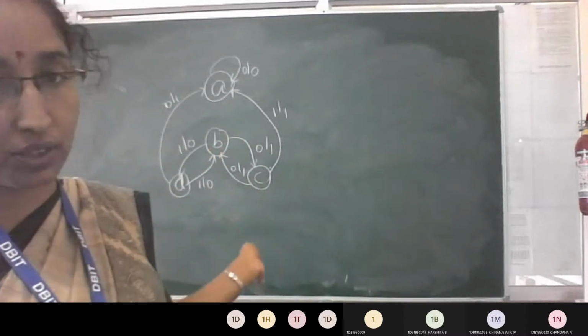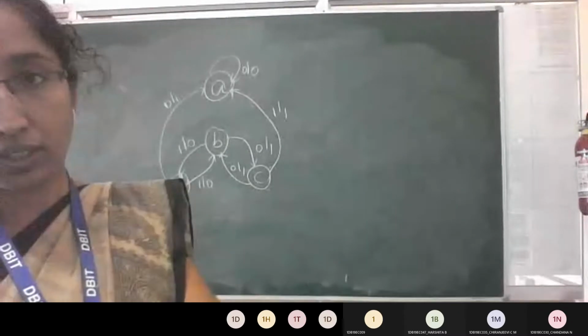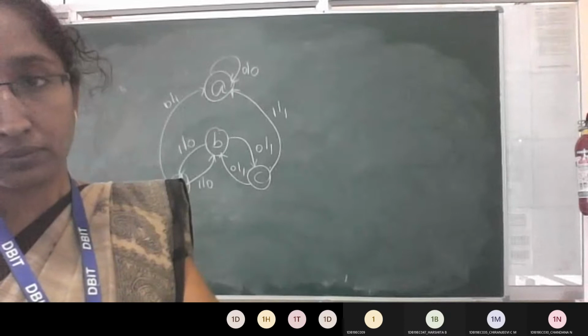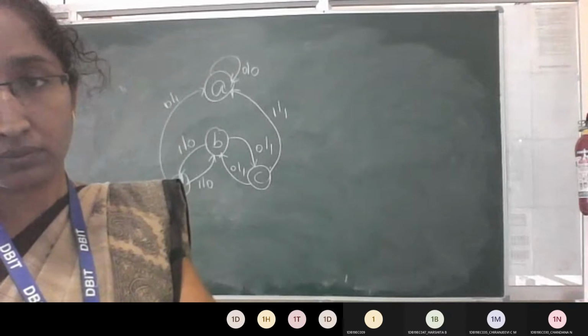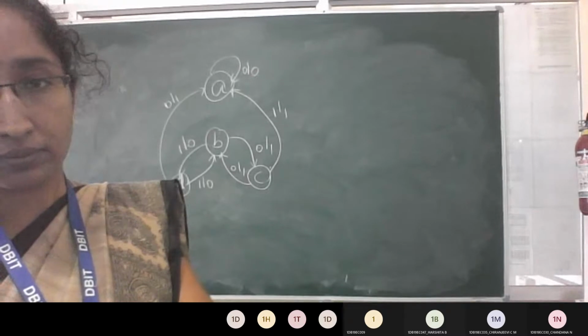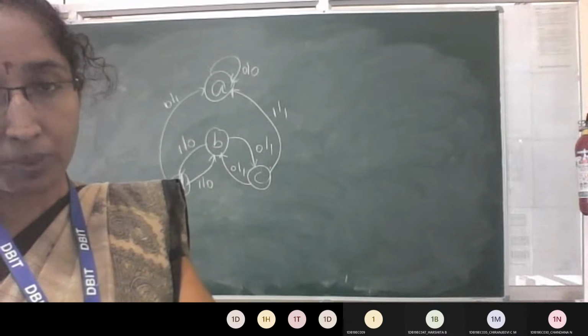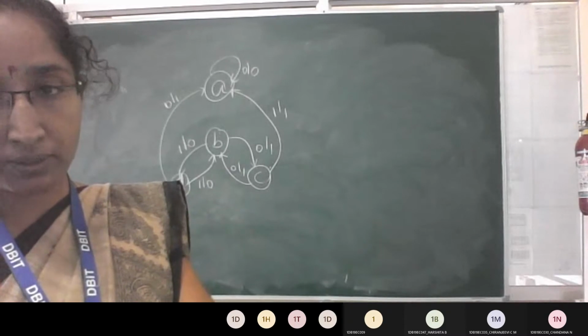So totally how many states can you observe here? How many states does the state diagram have?